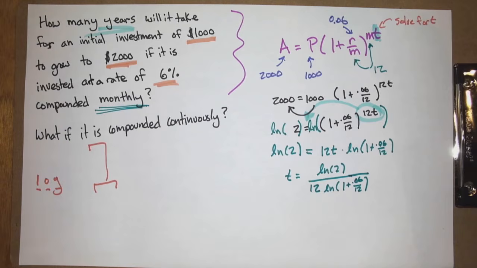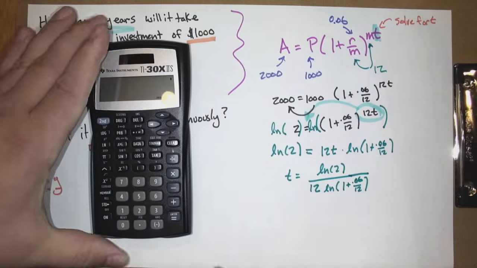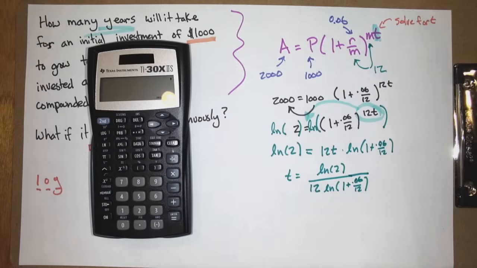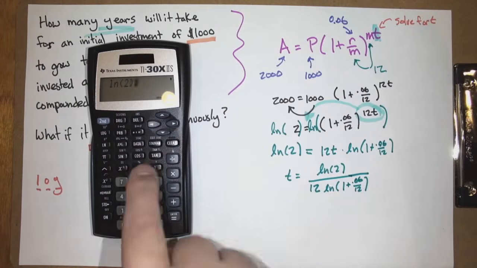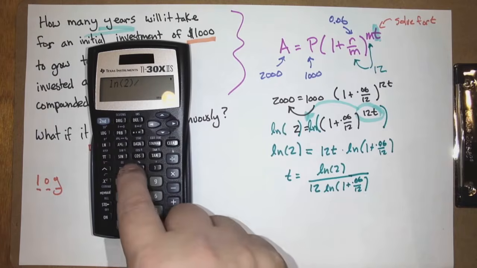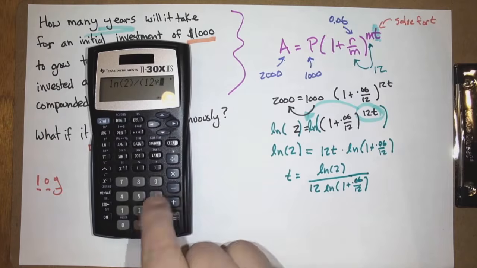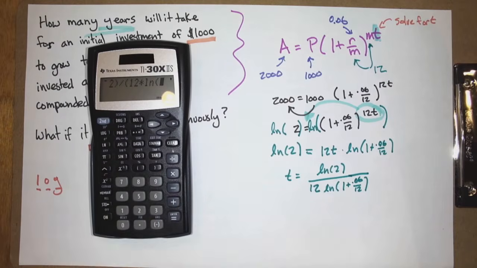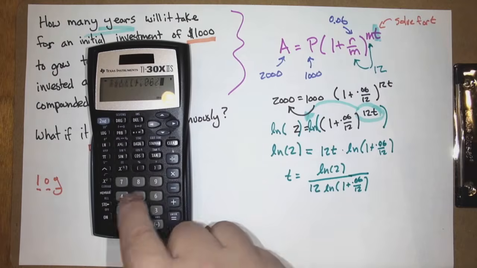And now we just have to make sure we carefully enter it into our calculator. So I'll start log of 2, make sure I put parentheses in, and then I'll divide by, add some parentheses. I'm a big fan of parentheses. Parentheses are point savers. So 12 times, again, a log of 1 plus 0.06 divided by 12.